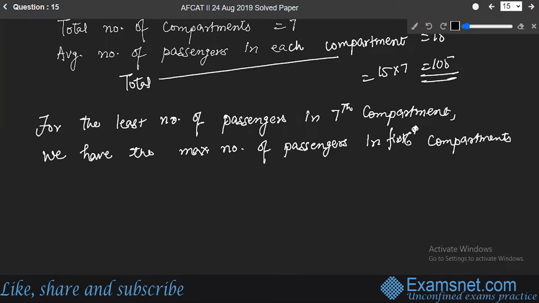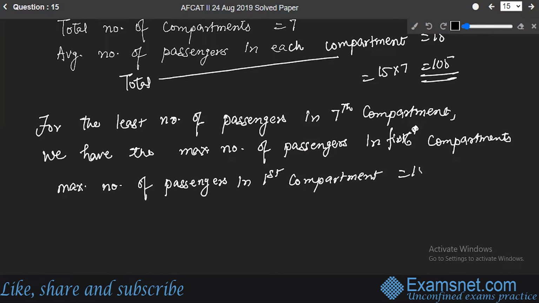Right. So let's see maximum number of passengers that are possible in first compartment is equal to 15.